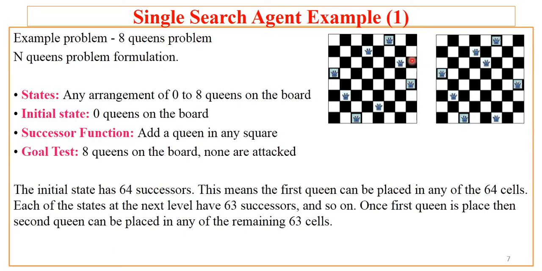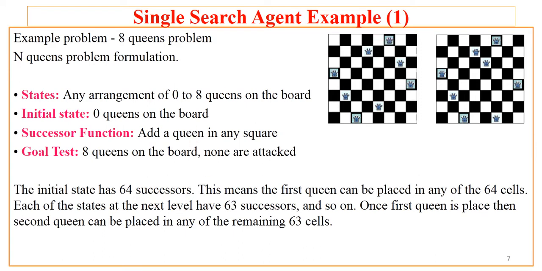For example, if you see this diagram, you can put the first queen in the first column, third row position, or at first row, first column position, or at first row, say fifth column position. Anywhere you can put the first queen.